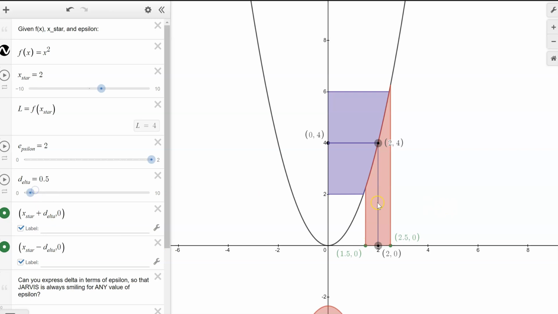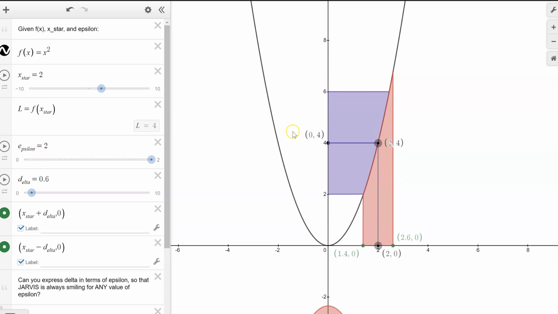If I try to make this one go all the way out to the biggest difference, look at that. It's a little finicky. There we go. So you can see that is my biggest delta here, but look, this side went outside. So if I use that, my epsilon's going to be a lot bigger than 2.